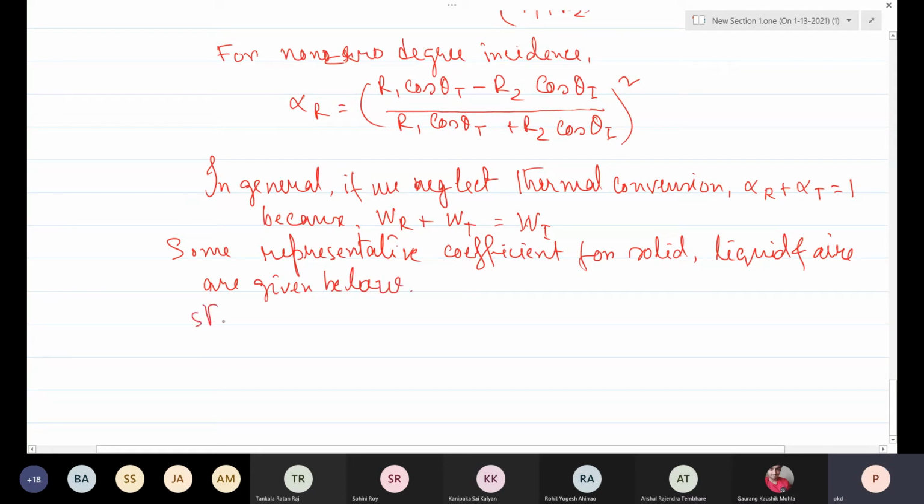Like for steel, attenuation, this is very small, alpha R and alpha T. Water, so we are taking steel as the reference, okay, and then taking water and then air.